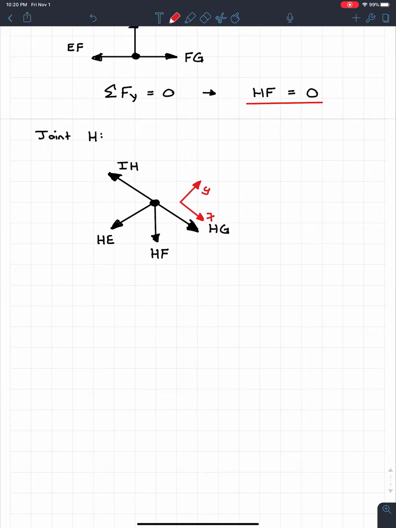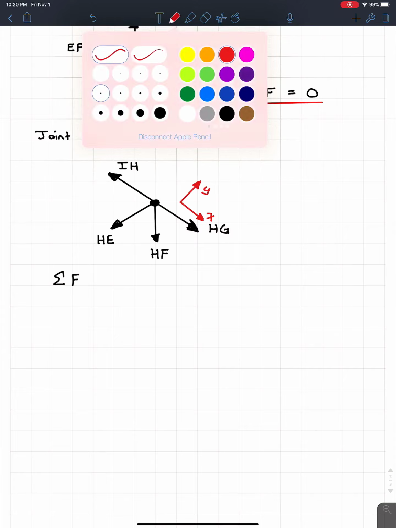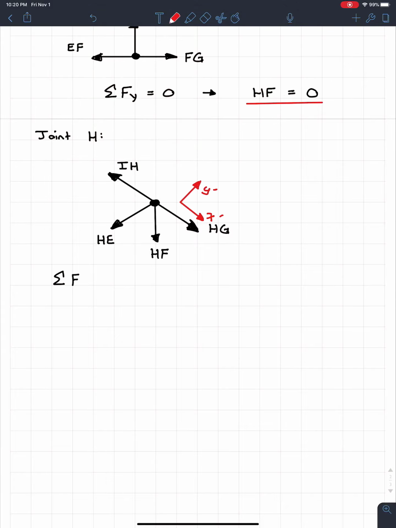So looking at this axis right now, and if I were to go sum of the forces, and what I'm going to do is I'm actually going to call them, just so none of you get confused, y prime and x prime. So if I were to go sum of the forces in y prime is equal to 0, well, what I would have is some component of HE, negative, since it's pointing downwards, times some component of HE, minus some component of HF is equal to 0.